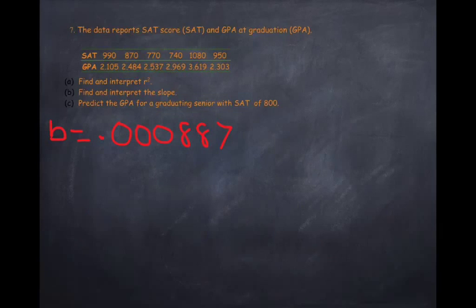Sometimes it might be easier to interpret this if you see it in the regression line. You don't have to, but I'm going to do that. And so GPA was our Y, equal to our intercept 1.87, plus our slope 0.000887, and our X is SAT.